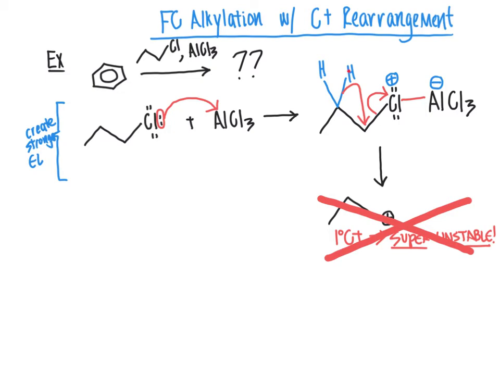And by moving this hydrogen that I'm highlighting over, that's going to result in this carbon being the location where the carbocation forms, and that's a secondary carbocation, so that's more stable. And so based on the electron pushing arrows that we've shown, what we end up generating is an isopropyl carbocation rather than the primary propyl carbocation.